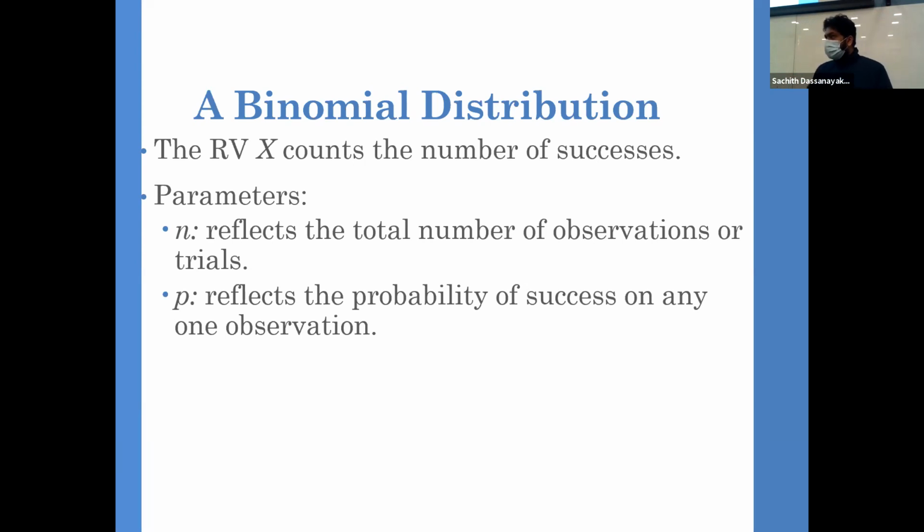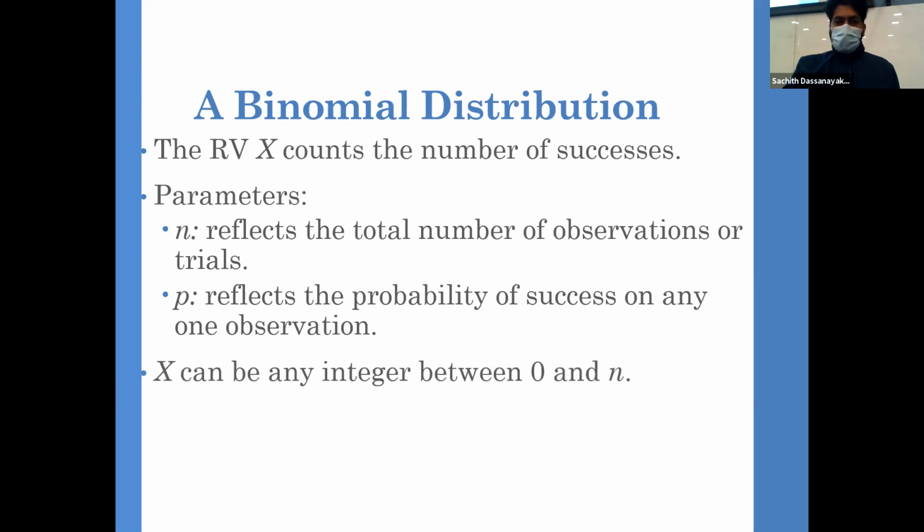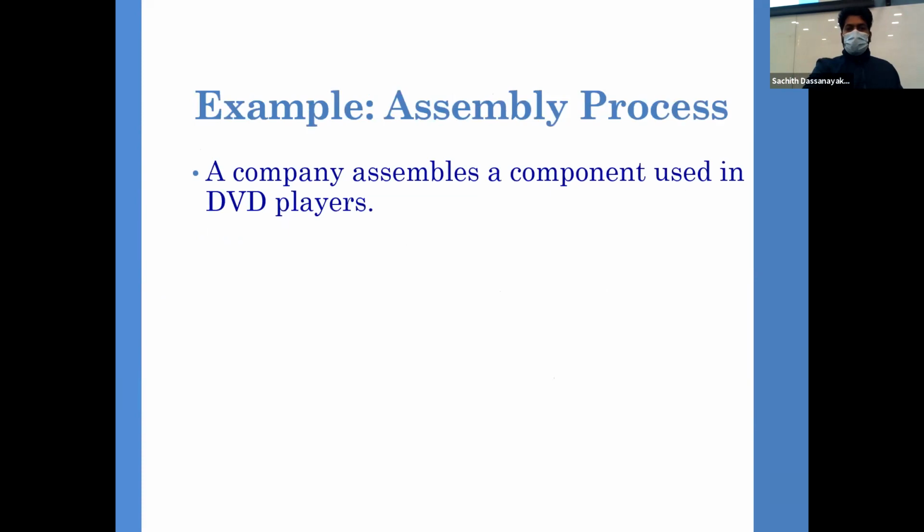So you can imagine that X values can be 0, 1, 2, 3, 4, because X is again a discrete random variable. 0 is possible, 1, 2, 3 up to n. It has a limit at the end. So simple n is the total number of observations. Clear? Let me go to the next slide. X can be an integer between 0 and n, including 0 as well. Here is the example.